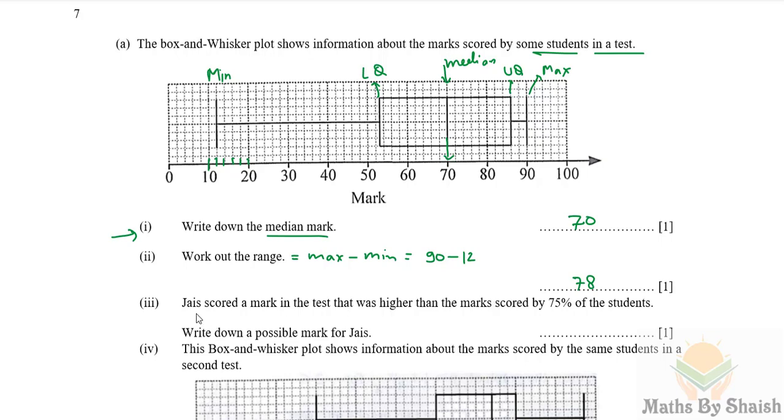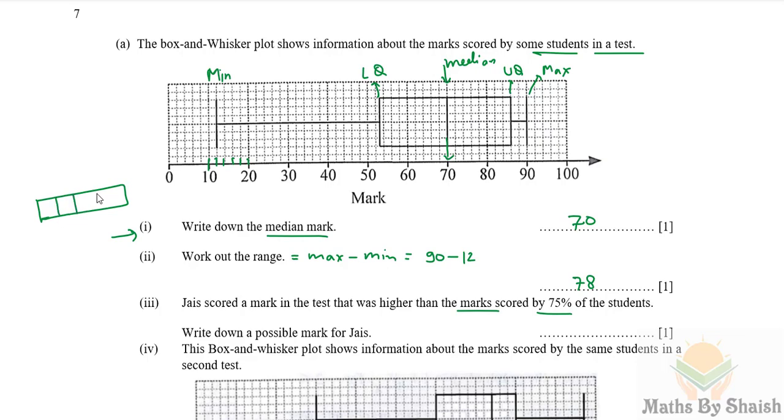Now the next part is: Jazz scored a mark in the test that was higher than the mark scored by 75% of the students. Write down a possible mark for Jazz. We can understand this question if I draw a diagram here, a box, and you'll understand.